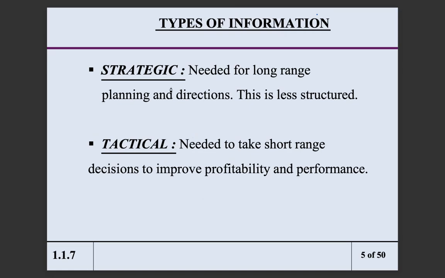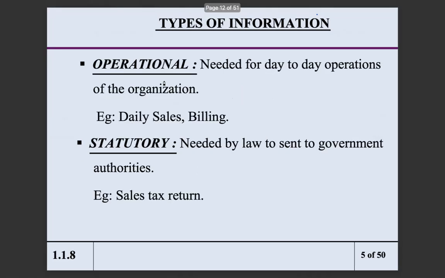And for the strategic one, normally we need it for long range planning and directions, because earlier the operational one was day to day. But the strategic one is not daily basis, it's a long range one, needed for long range planning and directions. This is less structured. And finally, we have the statutory one.